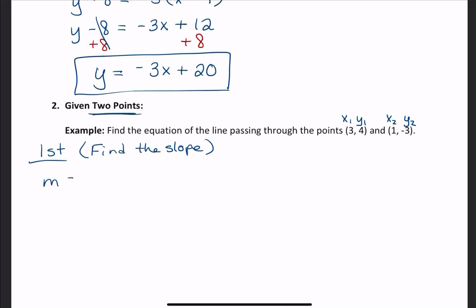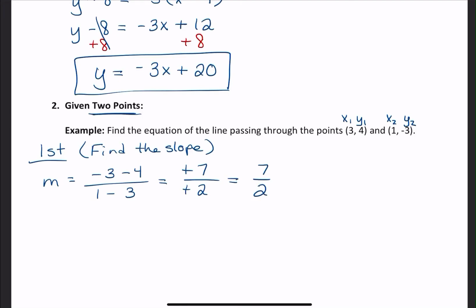So my slope is going to be -3 minus 4 over 1 minus 3. So I've got -7 over 1 minus 3 will be -2. And then a negative divided by a negative gives you a positive. So my slope is 7 over 2.